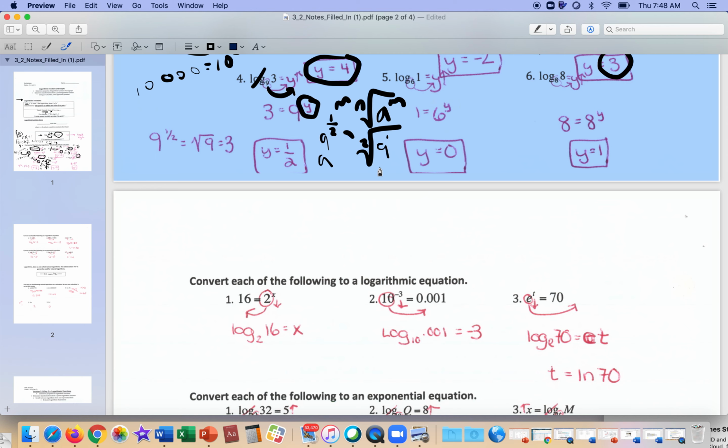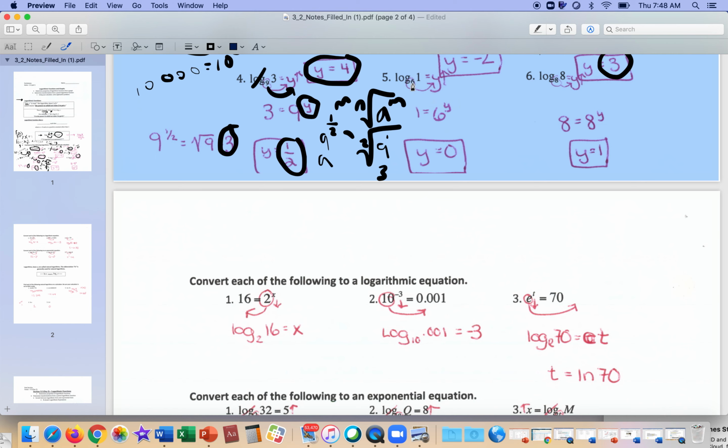And the square root of 9 is 3. So since the square root of 9 is 3, this answer is 9 raised to the 1/2. So our answer is a half. So log base 9 of 3 is 1/2, because they're saying 9 to what power is 3.